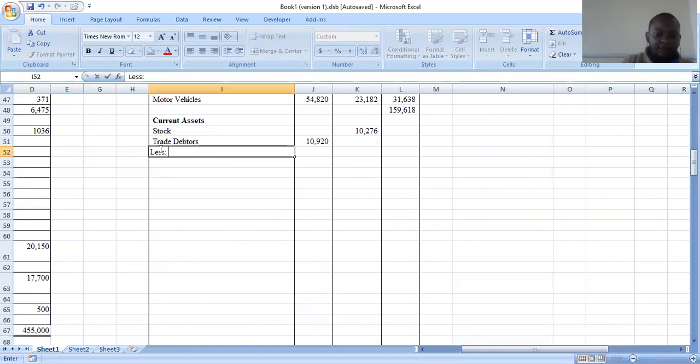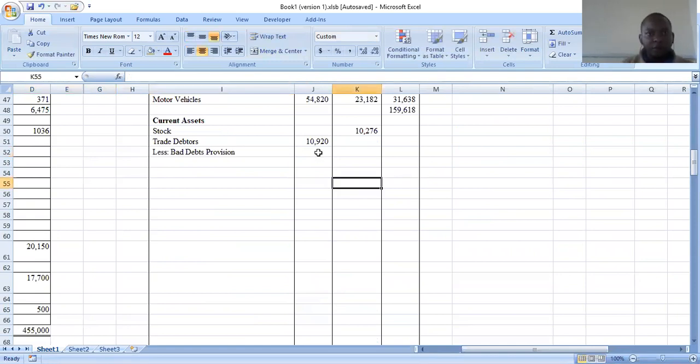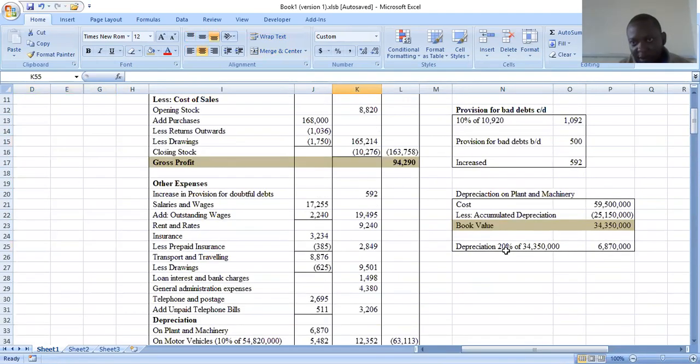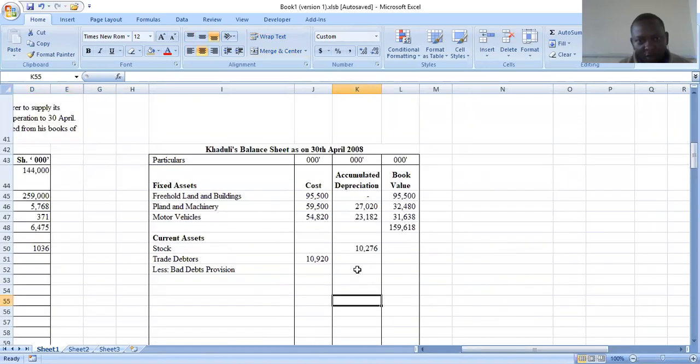I don't know whether you are together. Yes. So we deduct bad debts provision from trade debtors. It's how much? 1092.